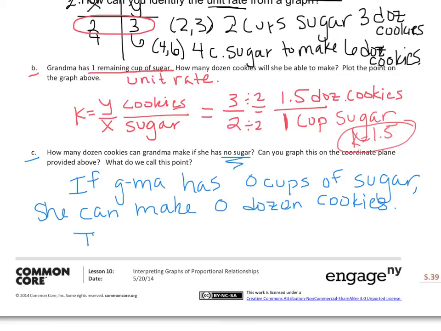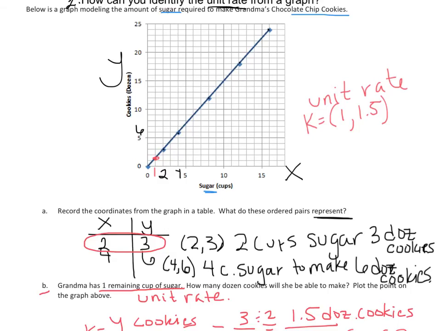This point is (0, 0), aka the origin. Okay, now we're back at our graph, and the origin was one of our points that they graphed for us. So (0, 0) is in fact a point on our graph, which is always good to be part of the proportionality.